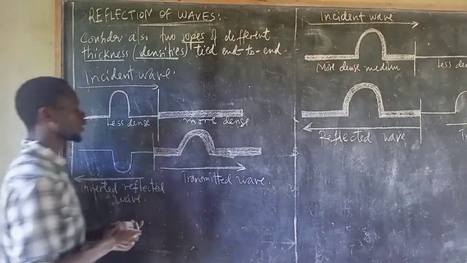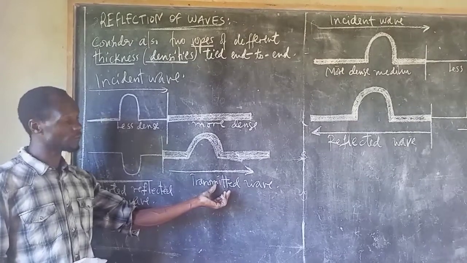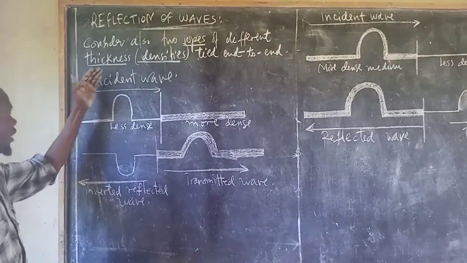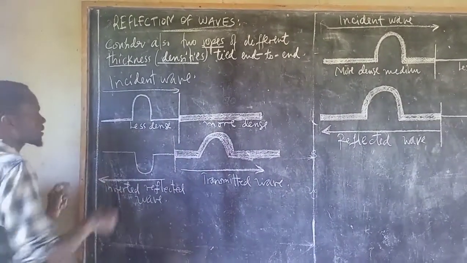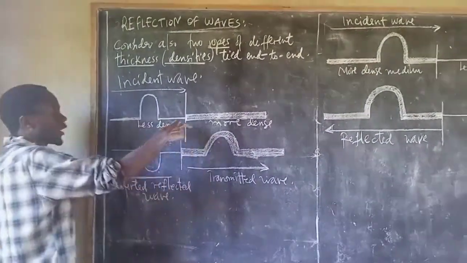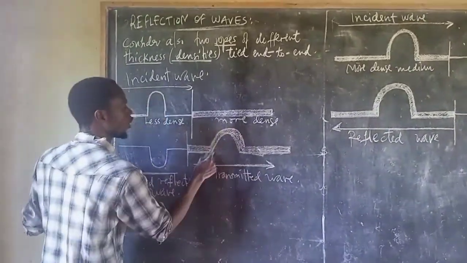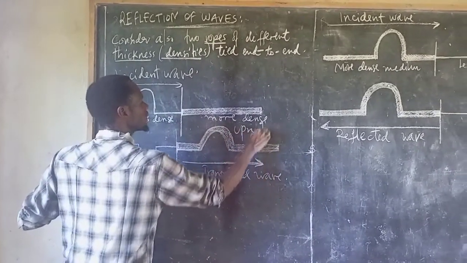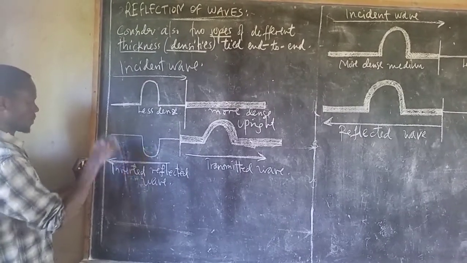And the reflection of wave, or transmission of wave, from the boundary depends on the propagation of the wave. If the wave is propagated from less dense medium to more dense medium, the transmitted wave is not inverted, it's upright, while the reflected wave is inverted.